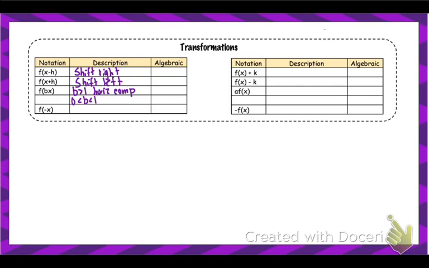Okay, if 0 is less than b, if b is in between 0 and 1, 1/2, 3/4, 2/3, etc., that is a horizontal stretch. And then finally, f of negative x, that is a reflection over the y-axis. And you're going to see me use that in shorthand a lot, just because I don't like to write the whole word reflection. But an r with a little sub y, that's reflection over the y-axis. And I'll write it out the correct way at least this time for you.